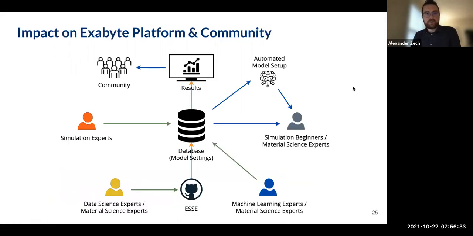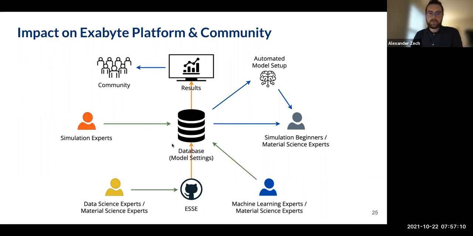All right, and then I'd like to go into a little bit of the roles or the impact that this categorization has on the roles on the Exabyte platform. First of all, we have simulation experts that know how to run these calculations, and we would like to be able to reuse the model information or the model settings that they are using, so that, for example, simulation beginners or material science experts can then use these expert templates right out of the box.